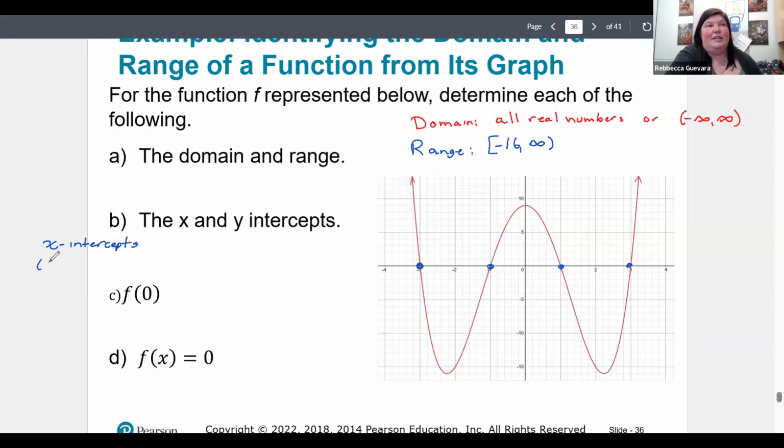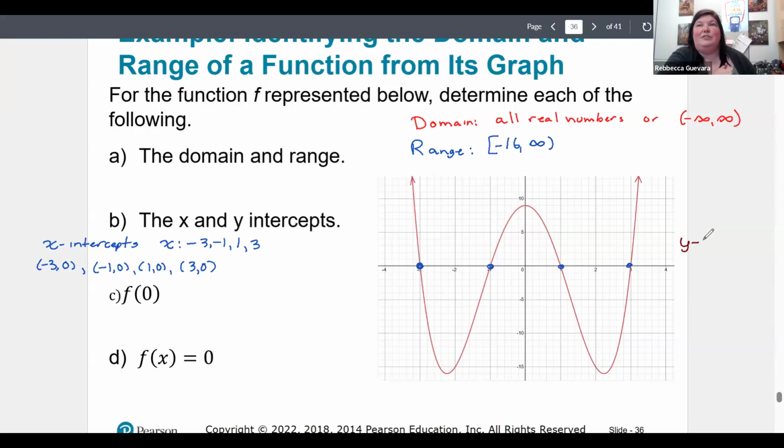So we have a point at -3, 0. We have a point at -1, 0. We have a point at 1, 0, and we have a point at 3, 0. So you might see it like that, or you might see them written as just x is equal to -3, -1, 1, and 3.